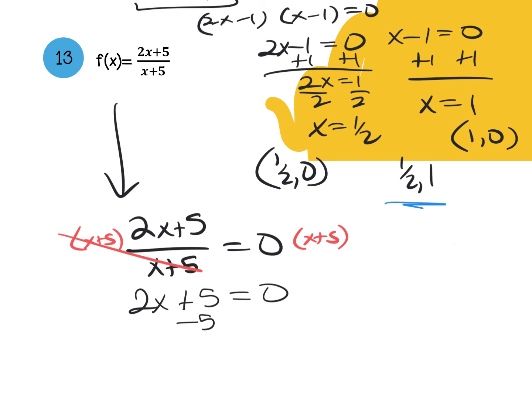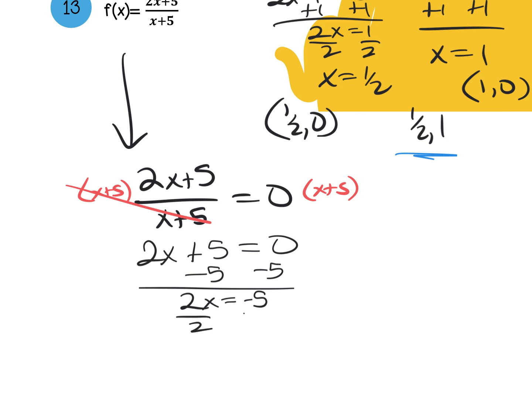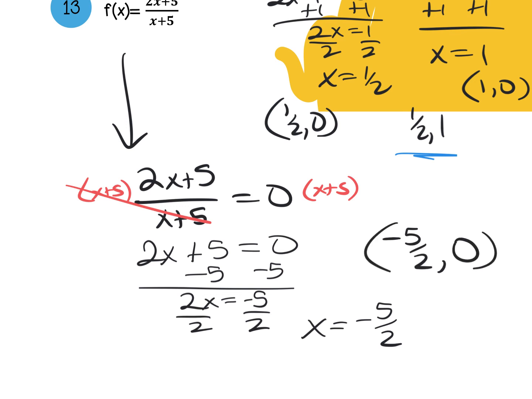And then subtract 5. 2x equals -5, divide by 2, and x equals -5 over 2. And in WebAssign, you're just going to enter -5 over 2. But if you're ever asked for the ordered pair for this x-intercept, it would be -5 over 2, comma 0. And that is it for your notes on section 2.3.